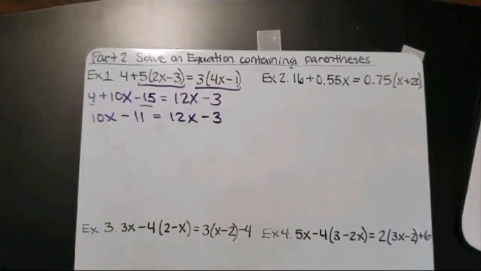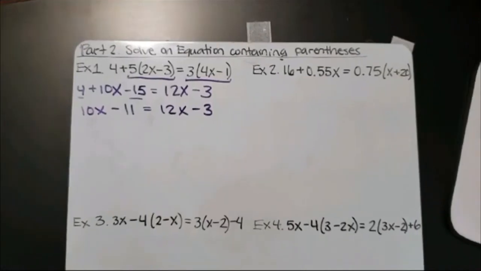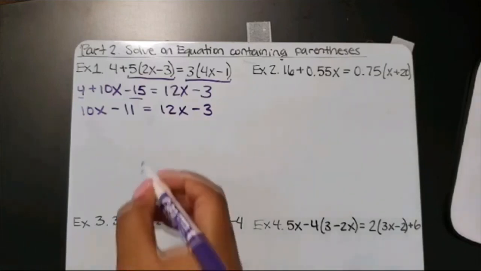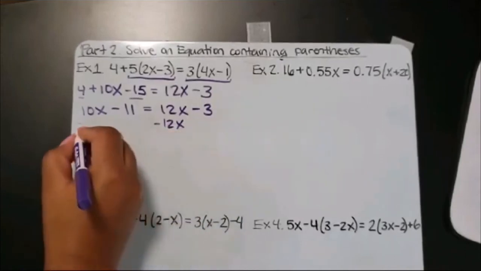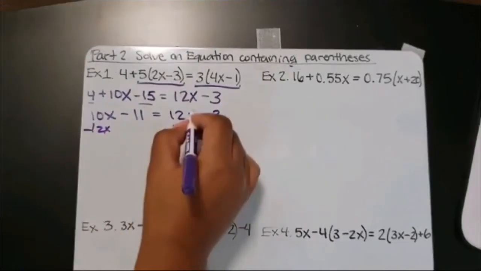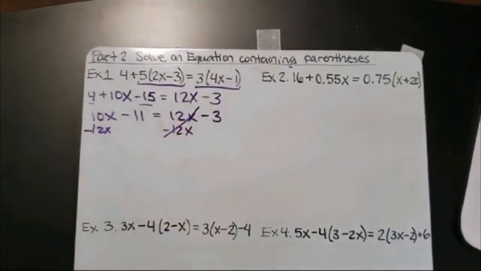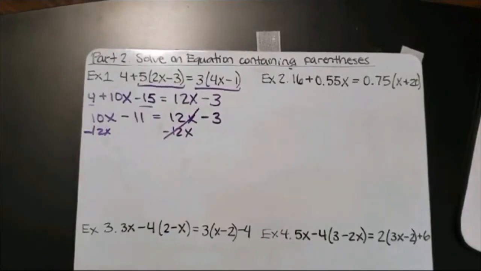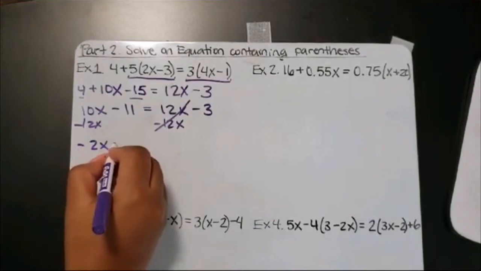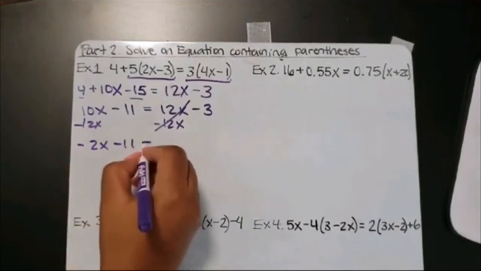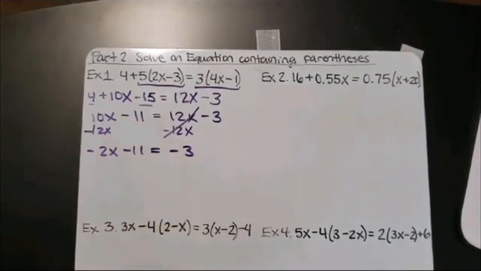All right. From here, easy peasy. This is what we did in objective 6, I believe. So we can subtract 12x from both sides, and we'll have negative 2x minus 11 equals negative 3.